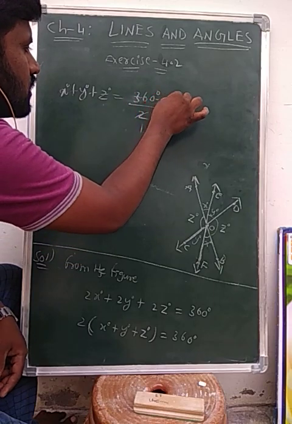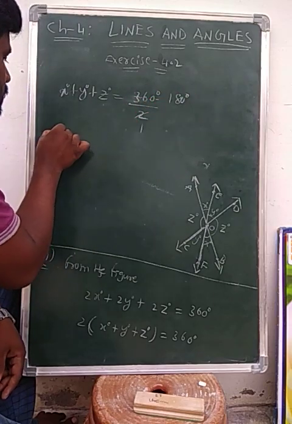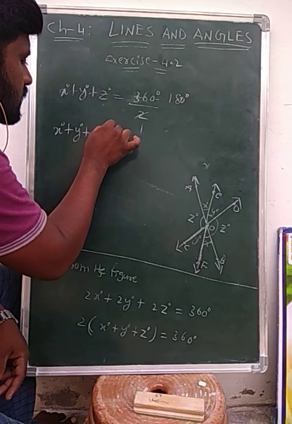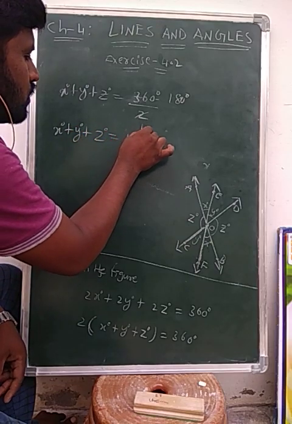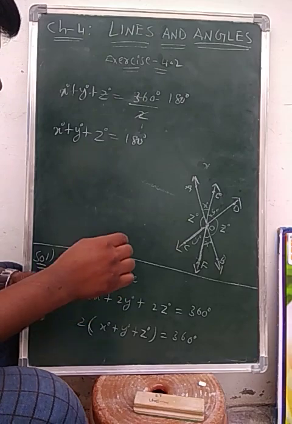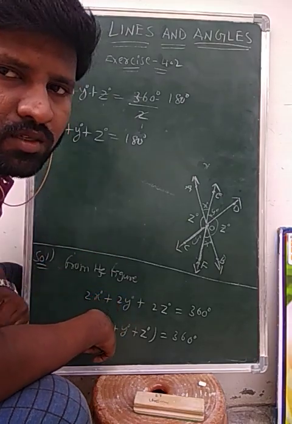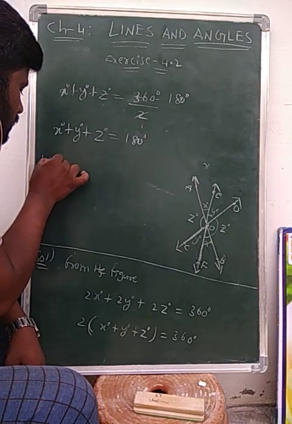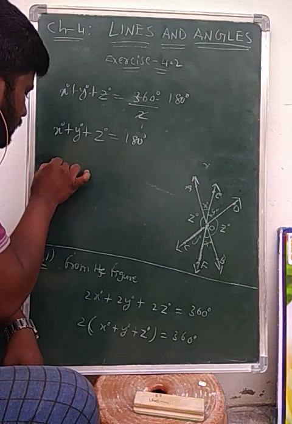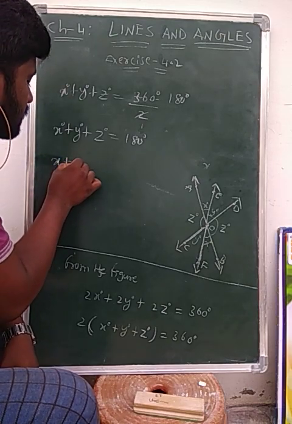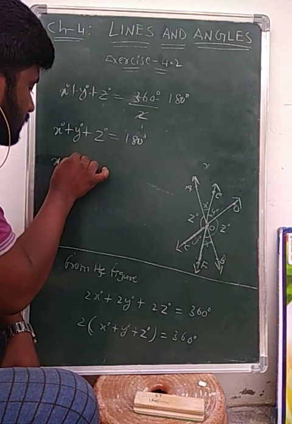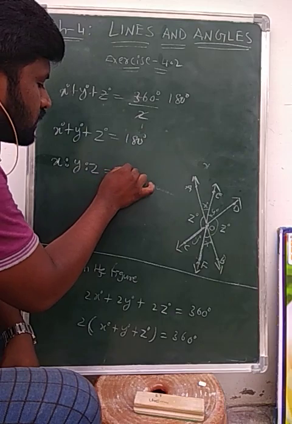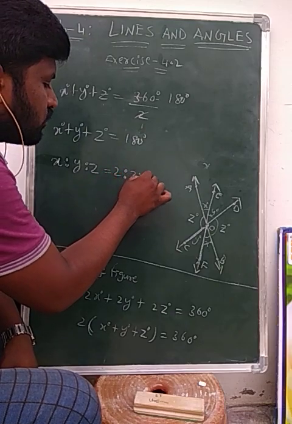Two ones are two, 180. So x degrees plus y degrees plus z degrees is equal to 180. Now we know x is to y is to z is equal to 2 is to 3 is to 5.